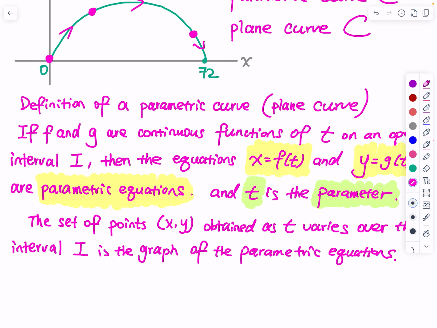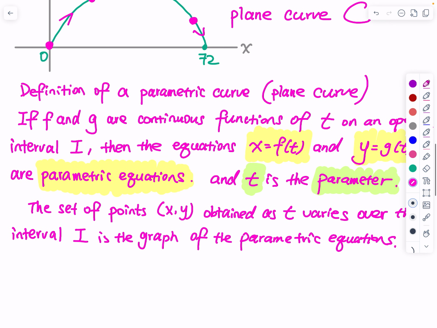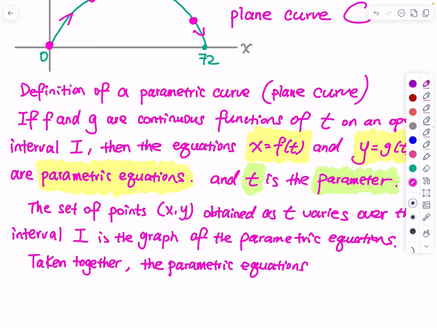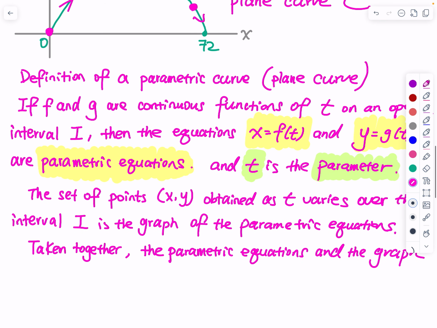And then we take everything together. Taken together, the parametric equations and the graph are a plane curve.